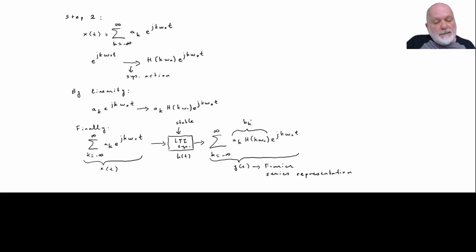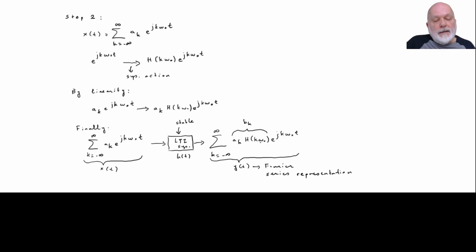The Fourier series coefficients of the output signal can be obtained from the Fourier series coefficients of the input signal by multiplying each a k with the corresponding H of k omega 0.